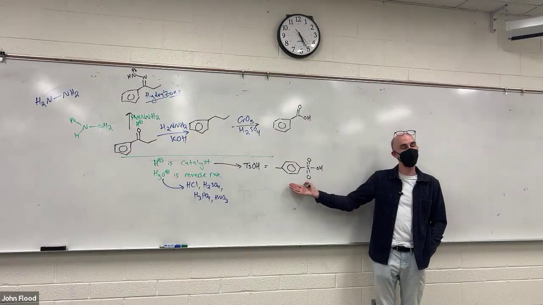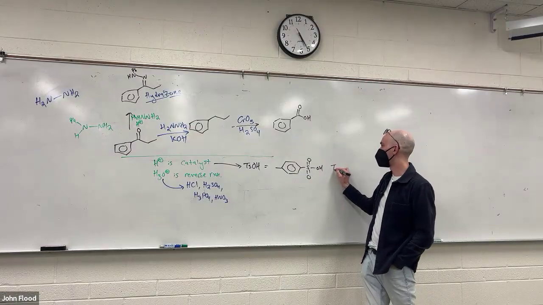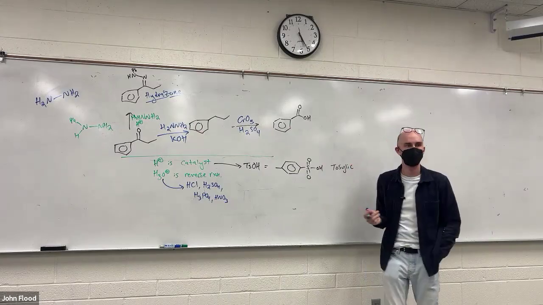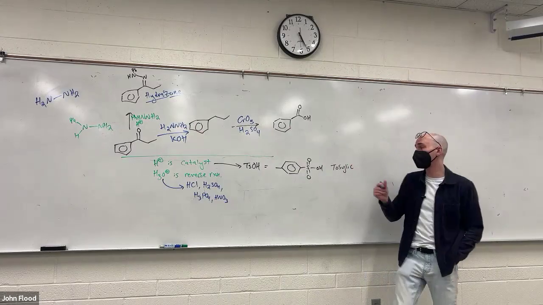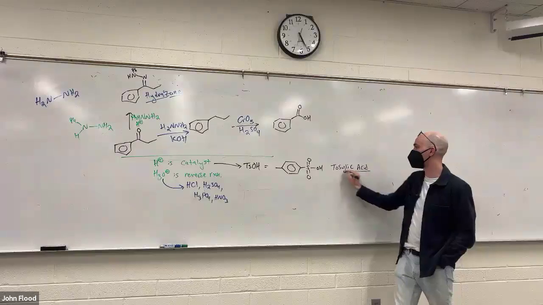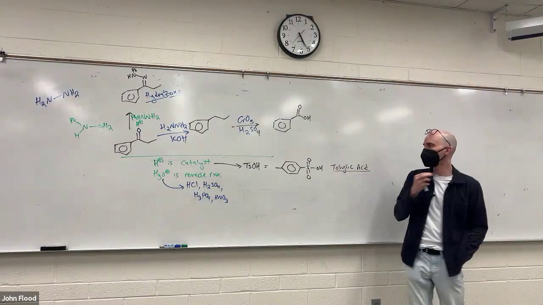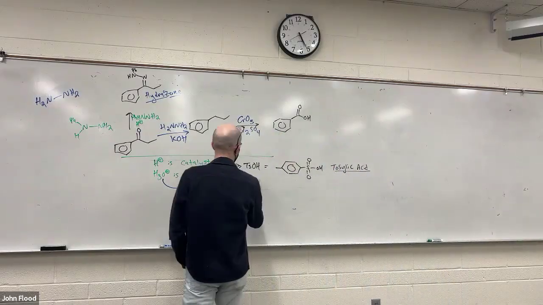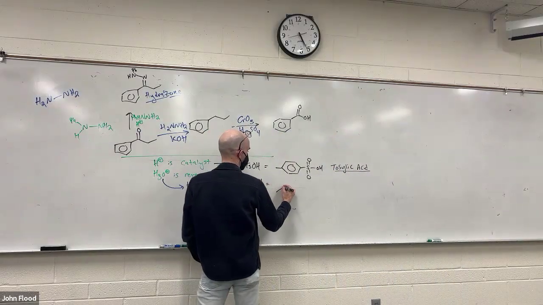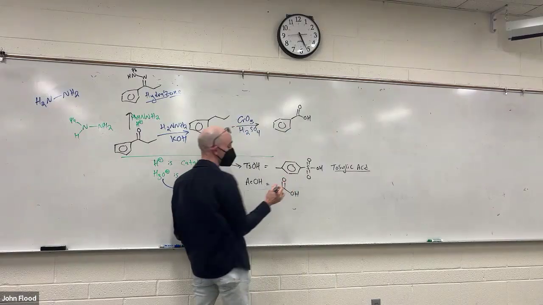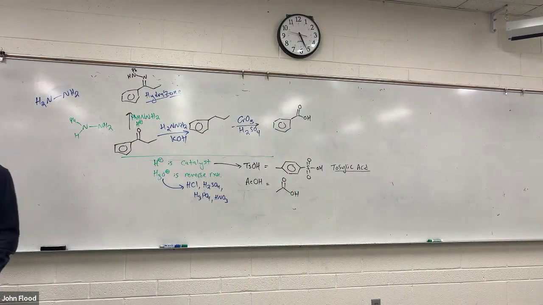Or instead of toluene sulfonate, they just call it tosylic acid. That's a great acid as a source of H+ because it doesn't need to be dissolved in water. We can also use things like acetic acid. Now, acetic acid does pull in water really readily, but if you use glacial acetic acid, it means that it's without water. It's very concentrated acetic acid.